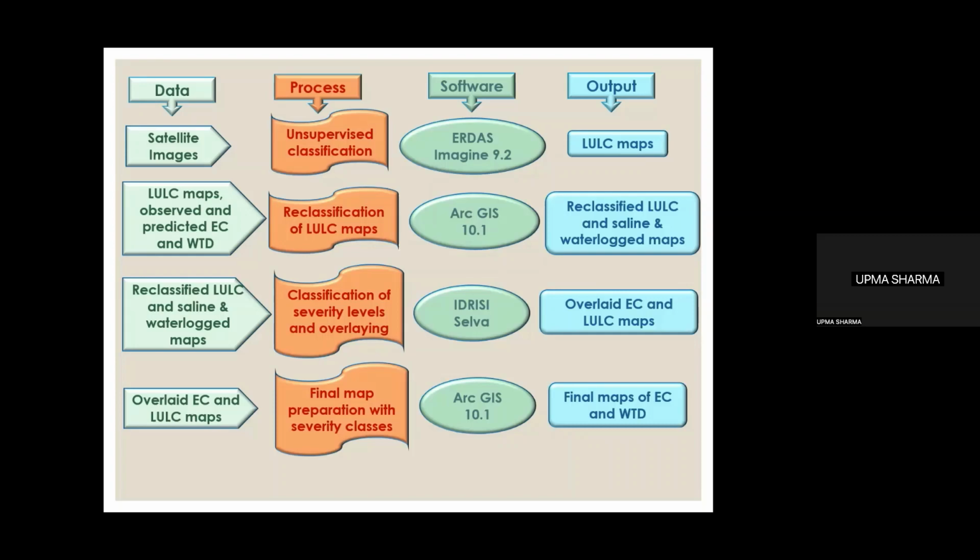These overlaid EC and LULC maps were used for final preparation and polishing in ArcGIS 10.1. Then we got the final maps of electrical conductivity, which shows the salinity, and the water table depth map, which shows the waterlogging conditions.